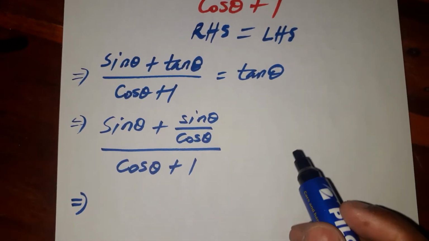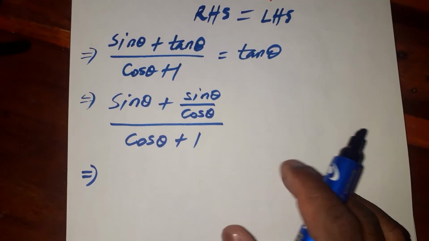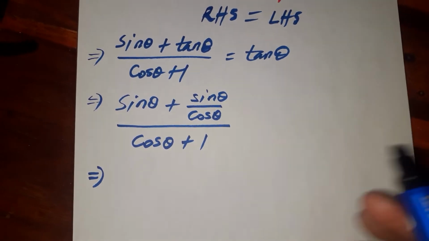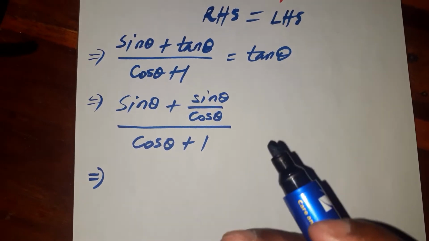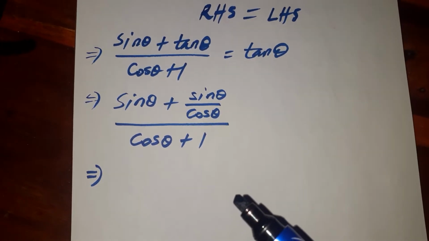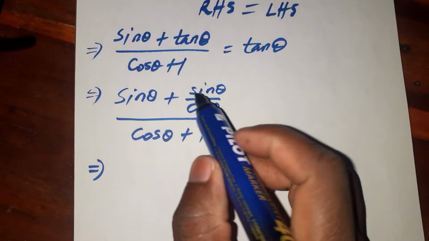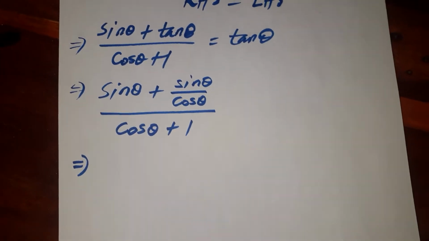Now, we have to do something such that something should cancel out. In order for us to do that, we need to multiply top and bottom by cosine theta. It's like we're multiplying the whole expression by 1 so that we don't change anything.